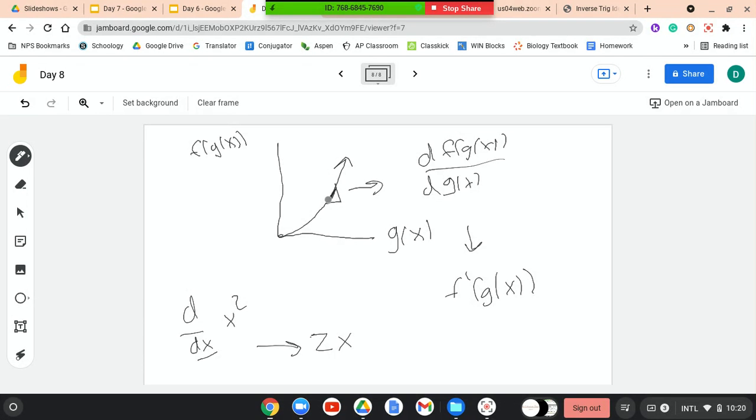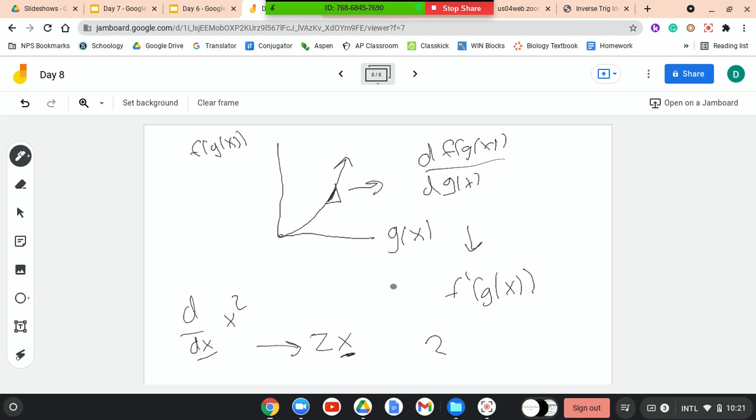Let me backtrack. If we found that the slope of this, let's say this function is x squared. It looks like x squared, right? That means that the slope is twice whatever the input is, right? Yeah. But what's our input here?